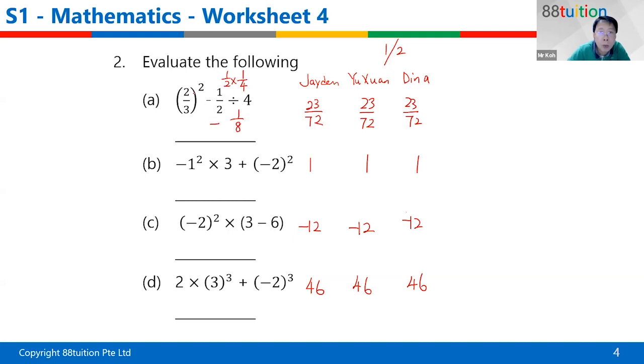Minus, so this 2/3 squared is actually 4/9. Okay, so you do a subtraction. 9, 8, 72, 72 divided by 9.